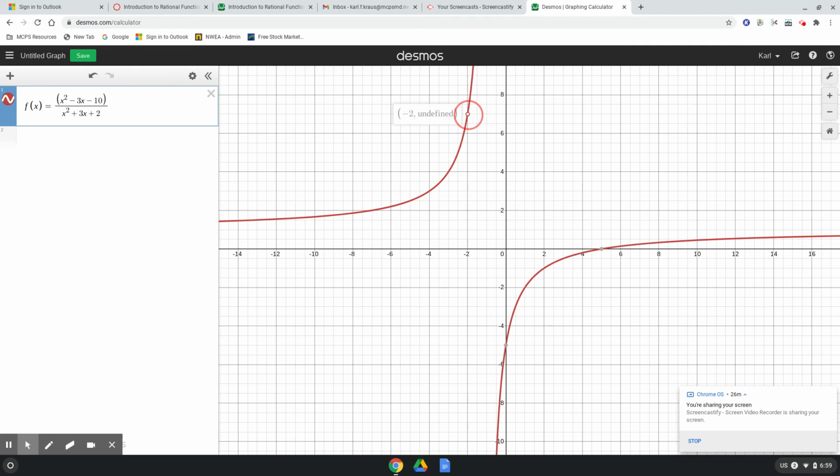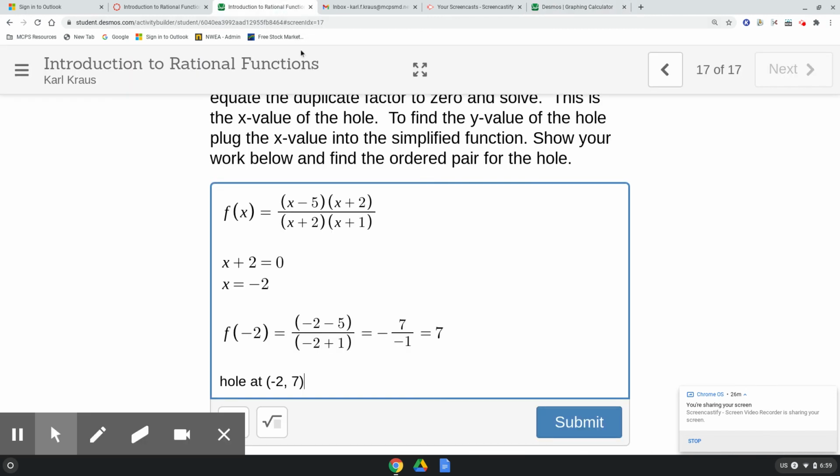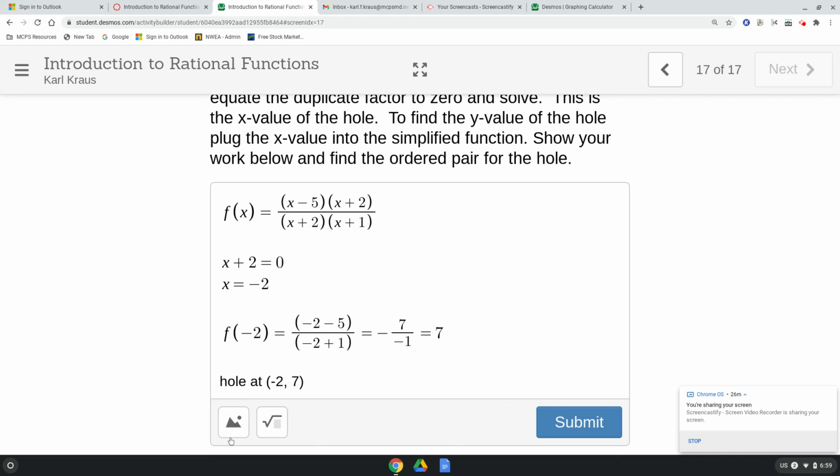And notice at negative 2, it says it's undefined. So technically there's a hole here. The Desmos calculator doesn't plot that hole, but if you click on negative 2, 7, it says negative 2 and undefined. And if you look back at the original problem, if I put a negative 2 in here, it makes this denominator 0. So there's a hole in this graph at negative 2, 7.